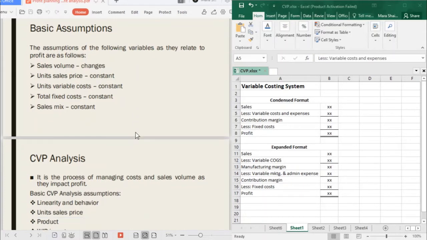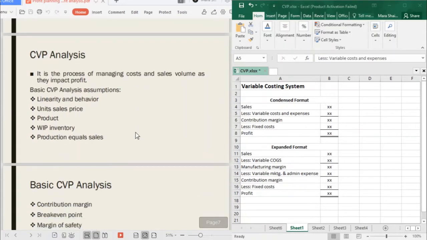Now, if we talk about CVP analysis or cost volume profit analysis, it is a process of managing costs and sales volume as they impact profit. So again, you manage the costs and the sales volume in relation to your profit. That is your CVP analysis.